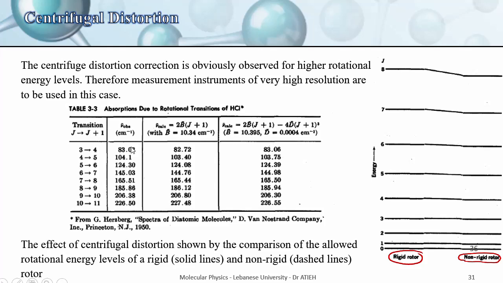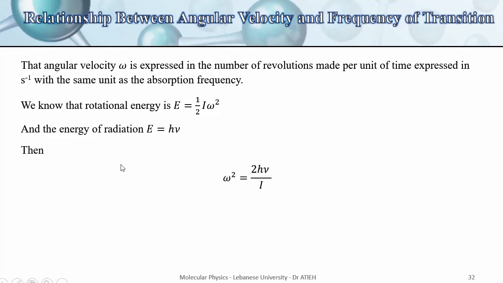It's very, very close to the experimental value. When we reach larger values, for example from 10 to 11, the experimental value is 226.5. The rigid rotor gives 227.48, while the non-rigid rotor is much, much closer to the experimental value. The non-rigid rotor really predicted values very close to the experimental values.